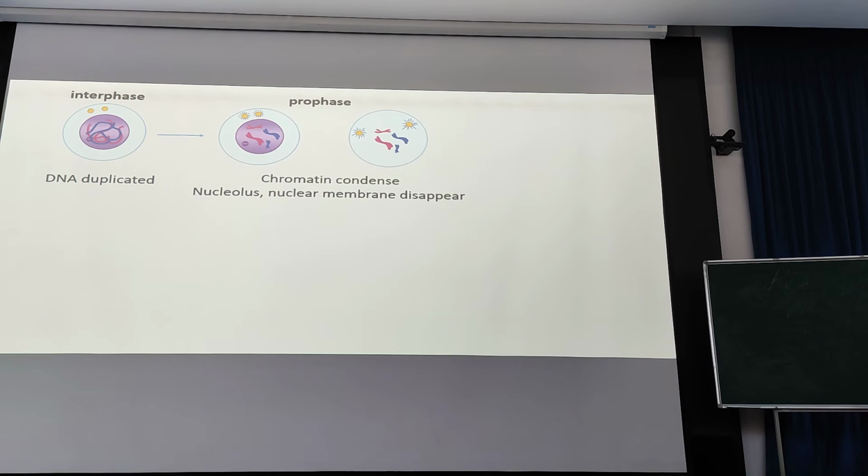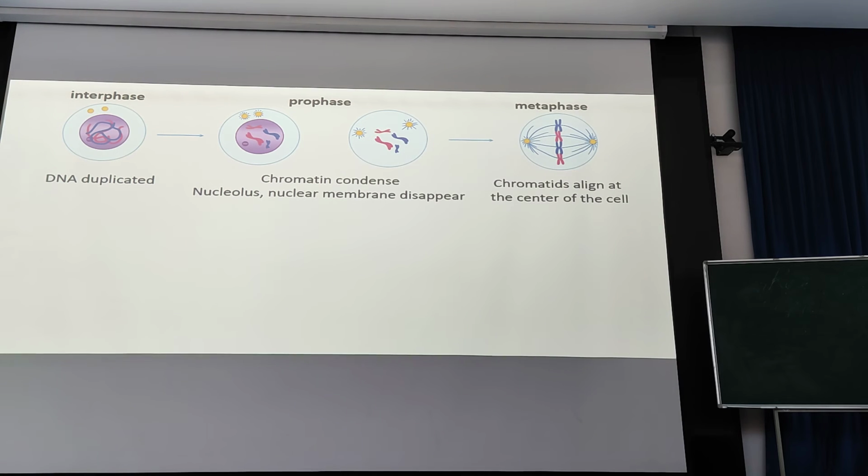In summary, I have some figures to make it easy to remember this process. In the interphase, the DNA is duplicated, and then in prophase we have two main events. The chromatins condense to form the chromosome structure, and the nuclear membrane disappears.